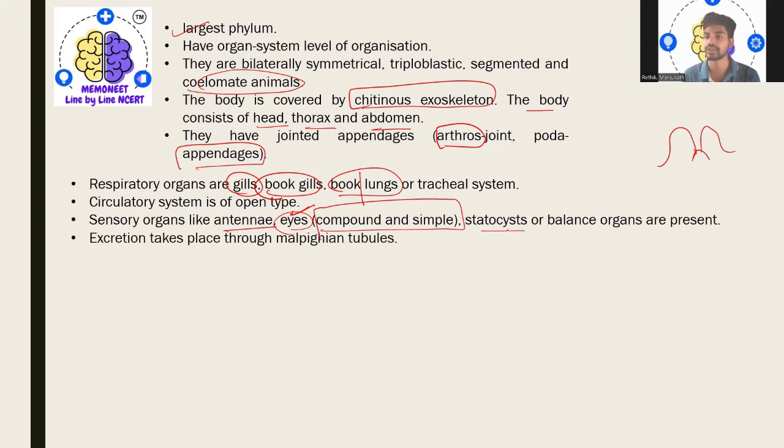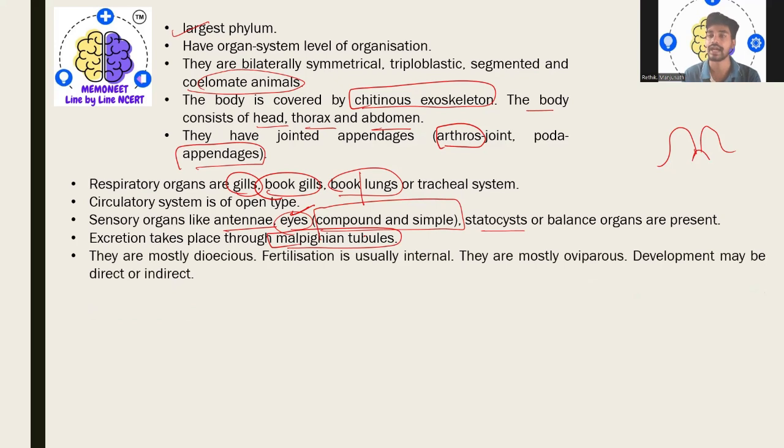Then statocysts or balance organs are also present, which help in the balance of the body. Then coming to excretion, it normally takes place through the malpighian tubules. Excretion is through these malpighian tubules, and they're dioecious, sexes are separated.